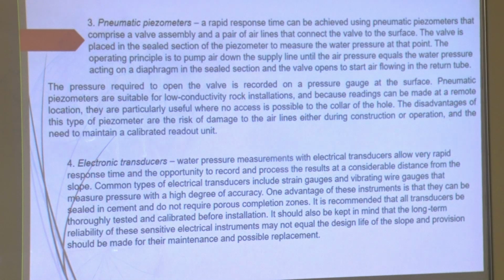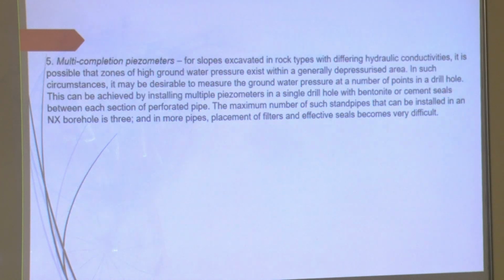Based on the amount of water flow, the sensitivity of the sensor also depends. Based on the amount of water flow, we design the sensor. If the flow is very small and the structure very sensitive, we use a very sensitive sensor. For that, a transducer is used, an electronic transducer, a pneumatic piezometer like that.